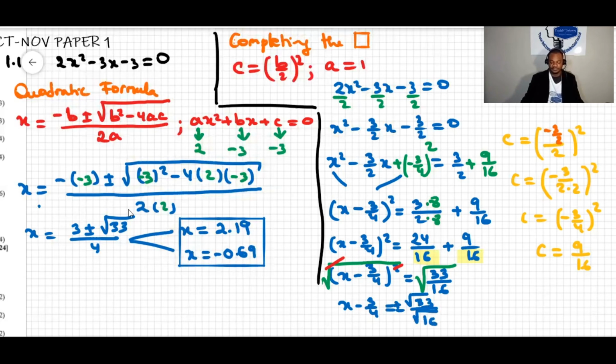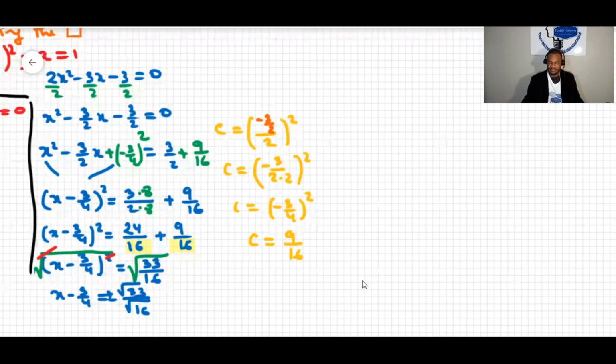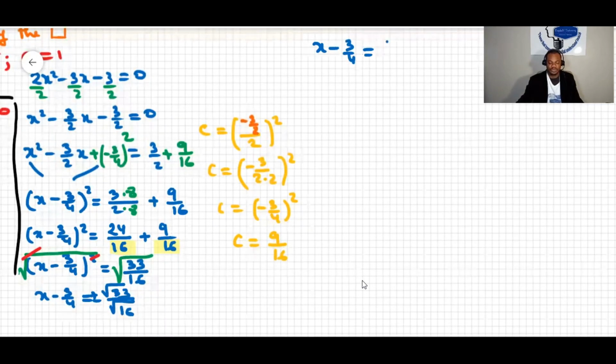I think I need to move my board a little bit this way because of space. So we have x minus 3/4 equal to plus or minus root 33 over root 16. Now, if I move the negative 3/4 over, it's going to be positive 3/4 plus or minus root 33 over the square root of 16, which is just 4.